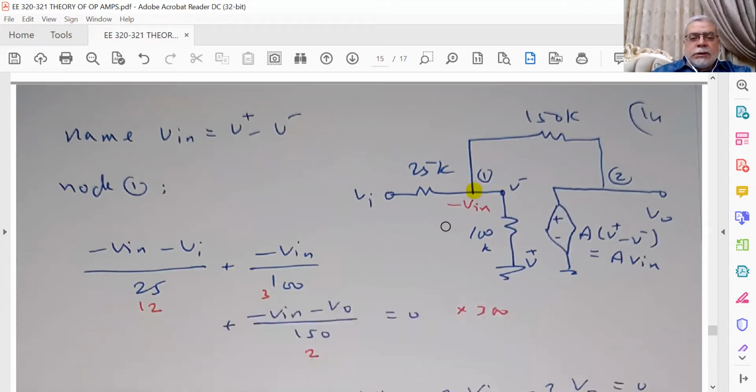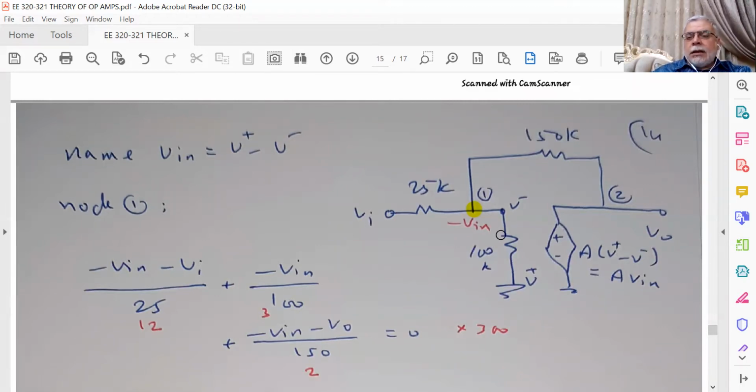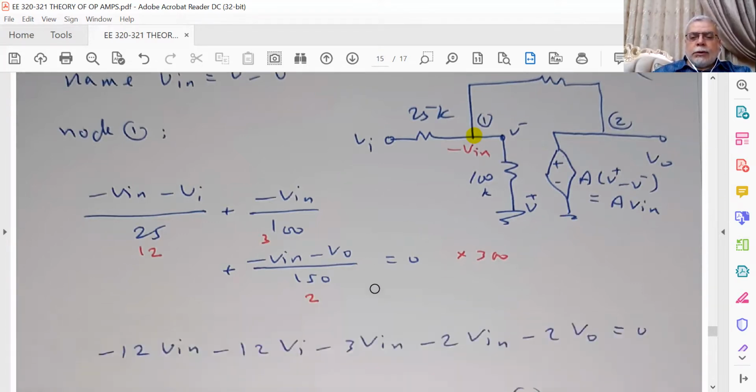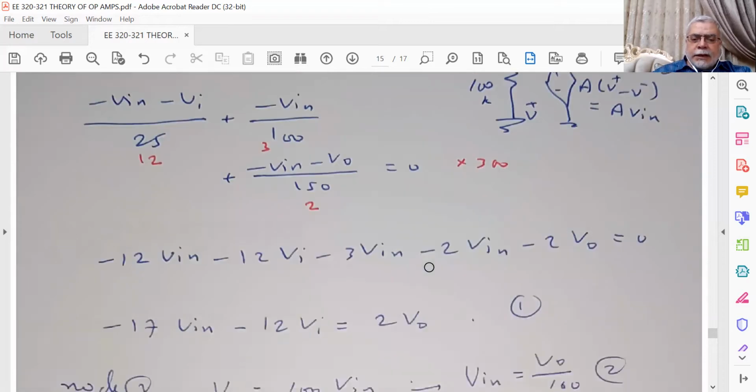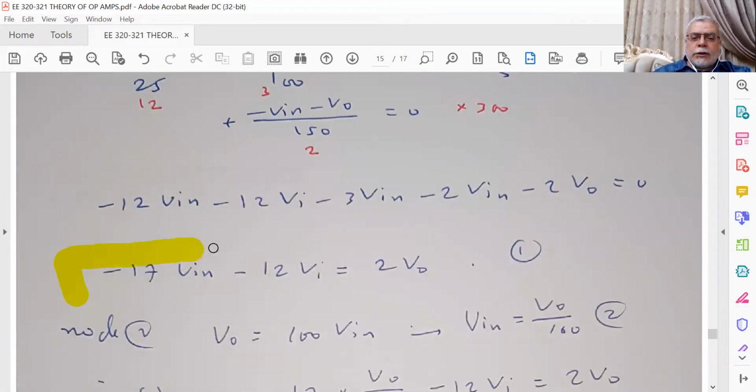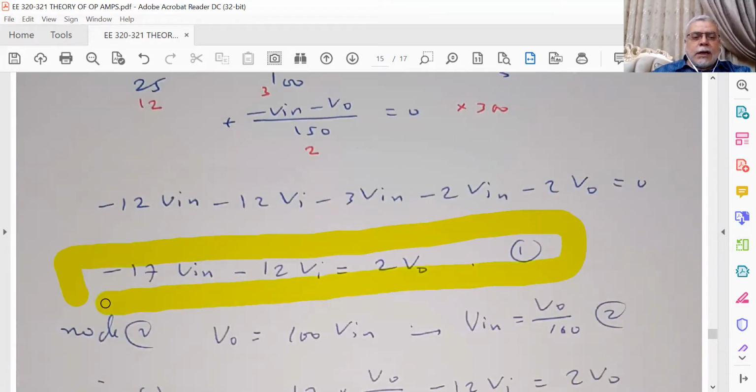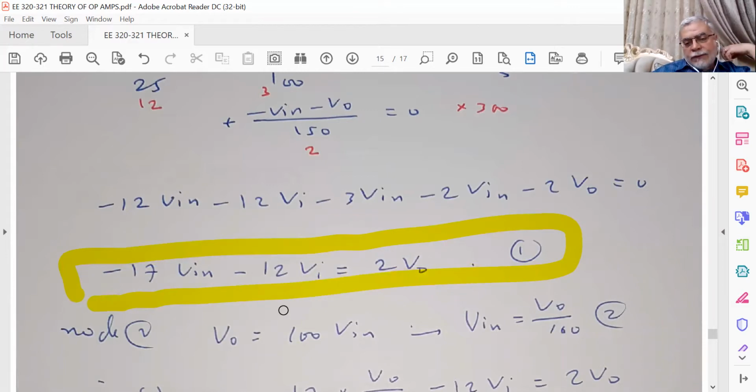Using this node, (minus Vn minus Vi) divided by 25, plus (minus Vn minus 0) divided by 100, plus (minus Vn minus Vo) divided by 150K equal to 0. Multiply by 300, I will get the first equation, which is minus 17 Vn minus 12 Vi equal to 2 Vo.